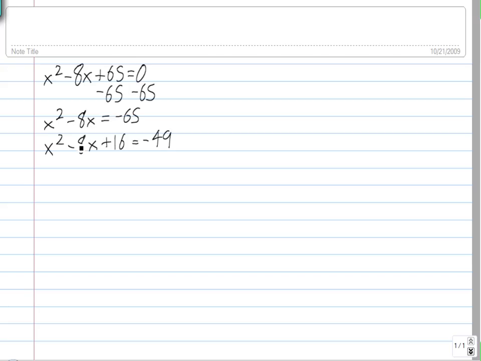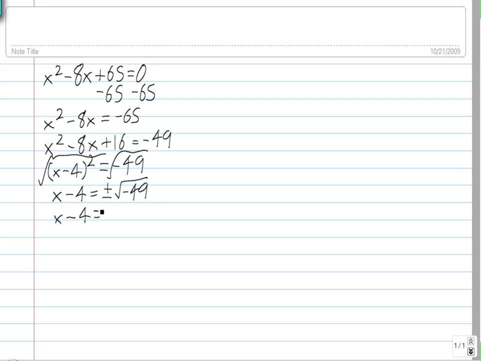Now you have a perfect square trinomial here, so you can factor that down into x minus 4 squared equals negative 49. Now from here you can take the square root of both sides, and you are left with x minus 4 equals plus or minus the square root of negative 49.